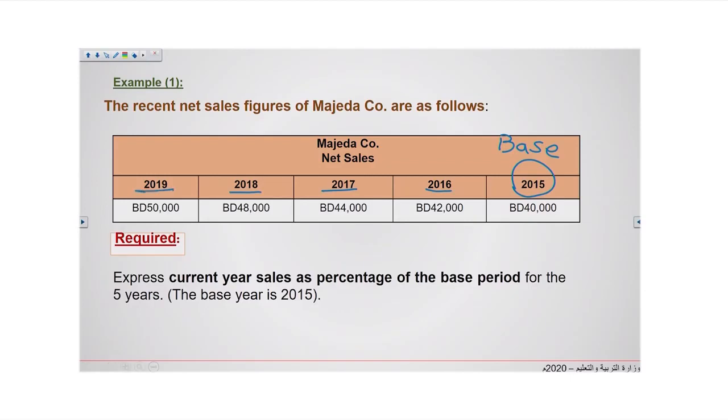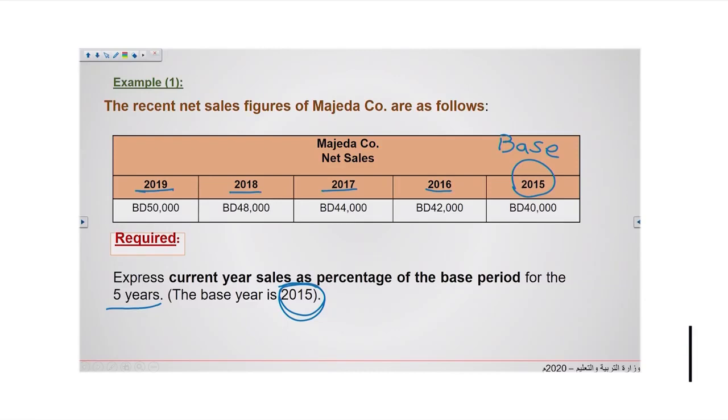Okay, let's see what's required. Express current year sales as a percentage of the base period for the 5 years. Okay, the base year is 2015. They told us that the base year is 2015.